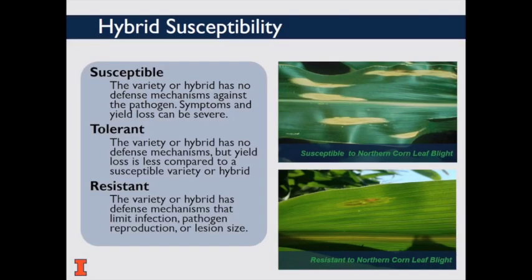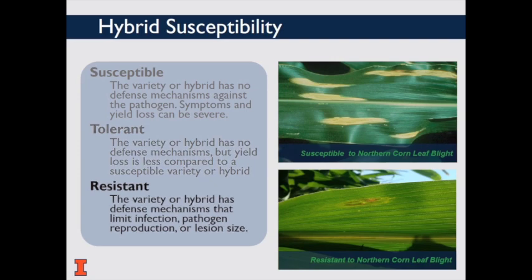How will a variety or hybrid respond to a specific pathogen? There are three categories of plant responses to pathogens: susceptible, tolerant, and resistant. A susceptible variety or hybrid has no defense mechanisms against the pathogen. Symptoms and yield loss can be severe. A tolerant variety also has no major defense mechanisms, but yield loss is less compared to a susceptible variety or hybrid.